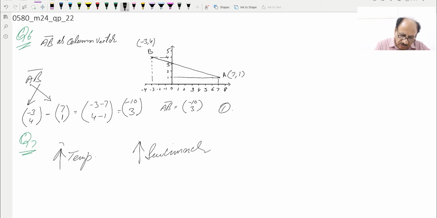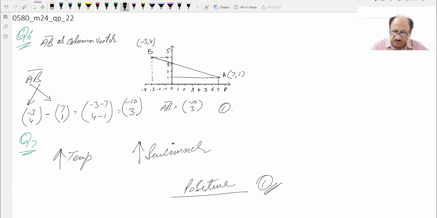So both are increasing simultaneously, we can see. Write down the type of correlation that this statement describes. So keep in mind, when both quantities are varying simultaneously, like both are increasing at the same time, or both are decreasing at the same time, we say that this is positive correlation. So our answer will be positive correlation, and this is a 1 mark question.